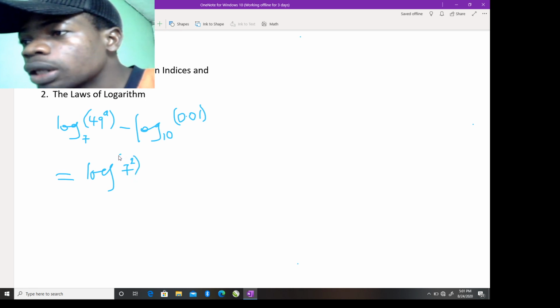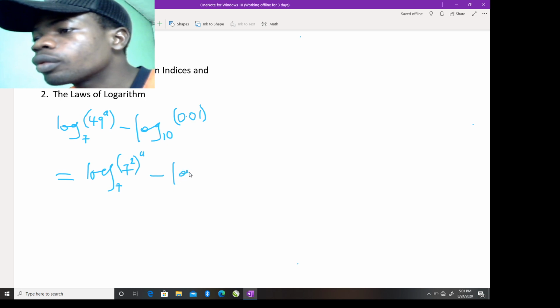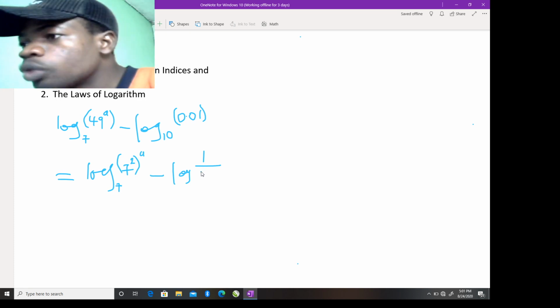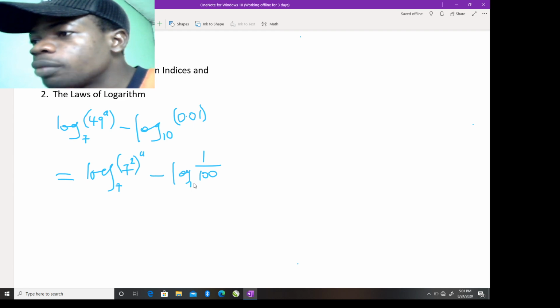Close this bracket. There is a particular a still in the power. Then base 7. Then minus log what? 0.01. That means 1 upon 100. And you have this base 10.